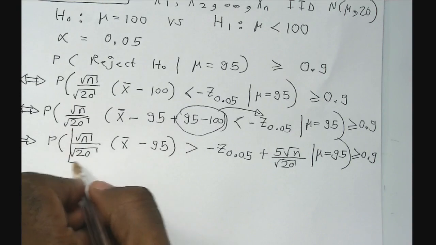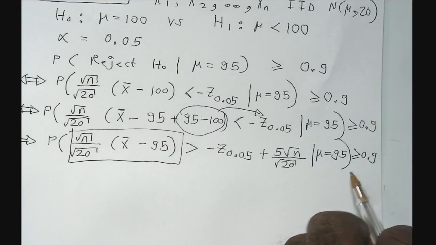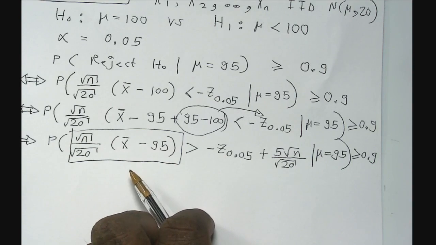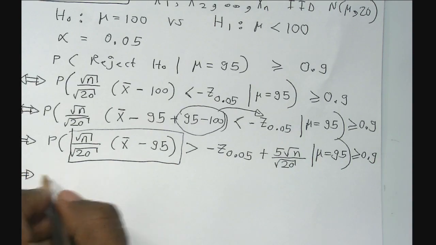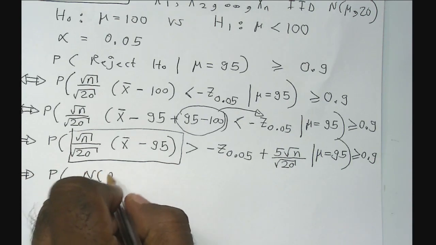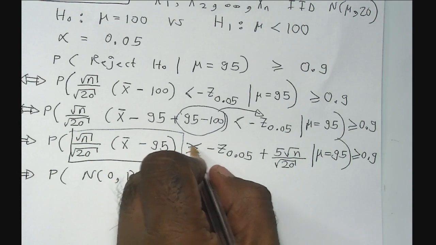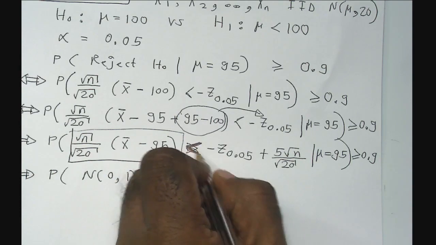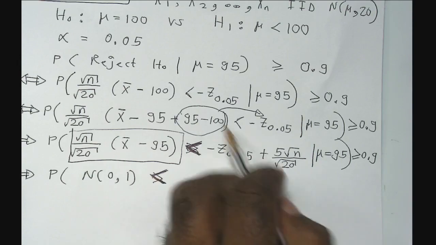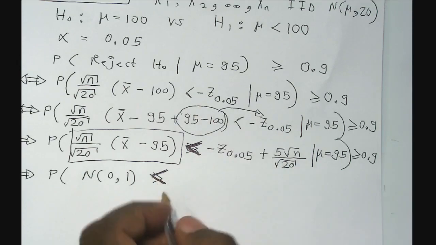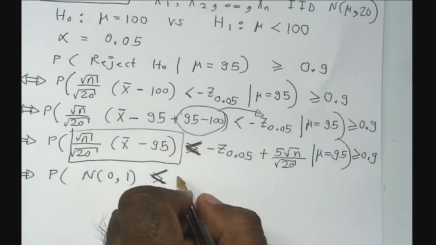Now what can you say about this, guys? Conditional on the true value of mu being 95, this must have the standard normal distribution, right? So this is the probability that a standard normal is less than, sorry, I don't know why I wrote greater than, it's less than, there's no greater than here.